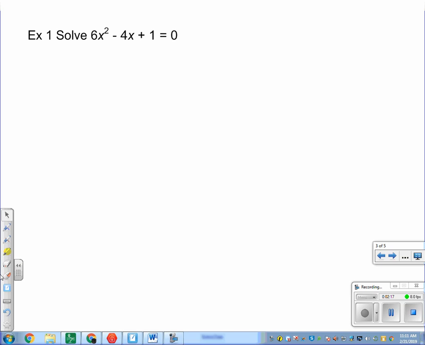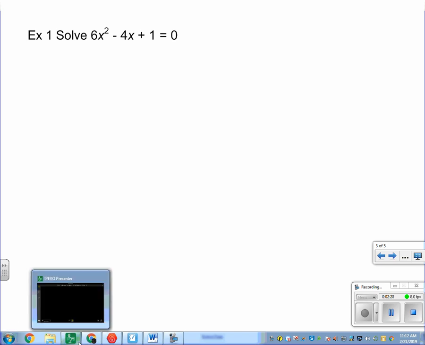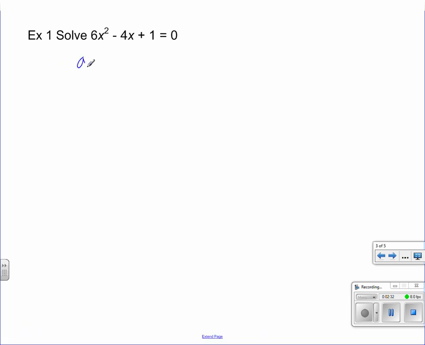We can dive right into the quadratic formula. To do that, we need to know how much is a, how much is b, and how much is c. So let's see, what do we got going on here? a is 6, b is negative 4, and c is positive 1.